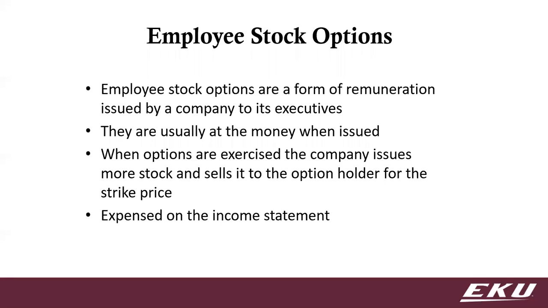Also, stock gets used in employee stock options. An employee stock option is just compensation. When you were doing accounting, you probably learned how we expense out the cost of labor, right? When we compensate our employees, we expense that out, and we would also expense out this option. Normally they will issue it at the money. So if the current stock price is $35, then the employee stock options are at $35, but the employee stands to benefit a lot if they can get that stock price higher, right?